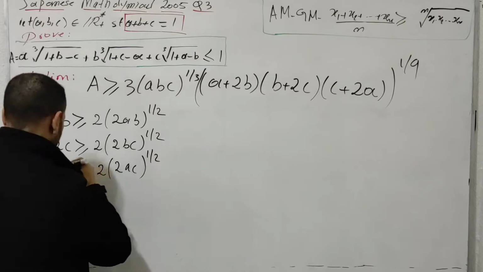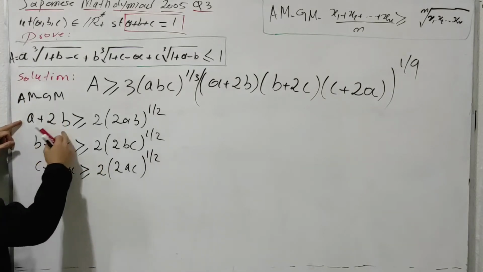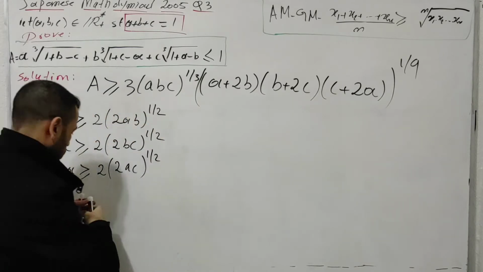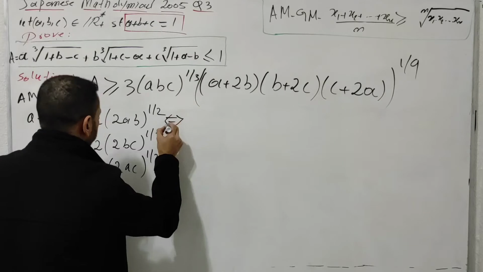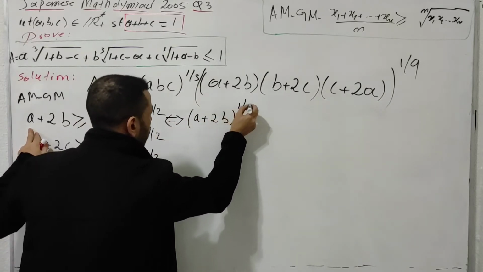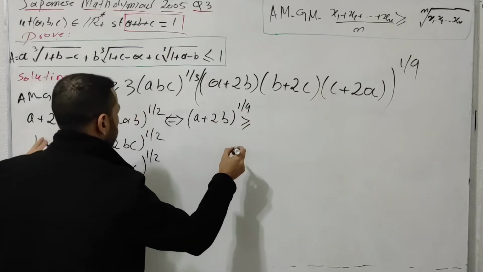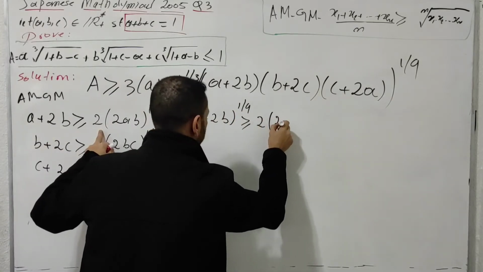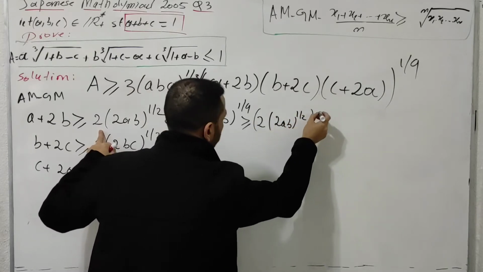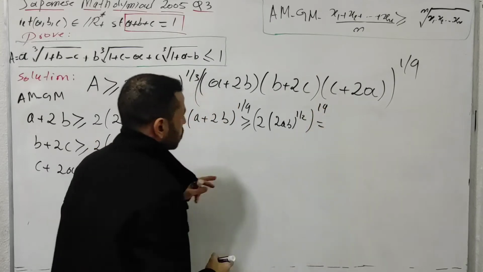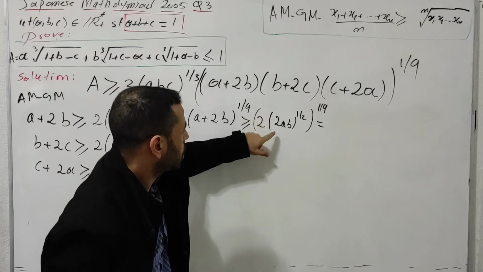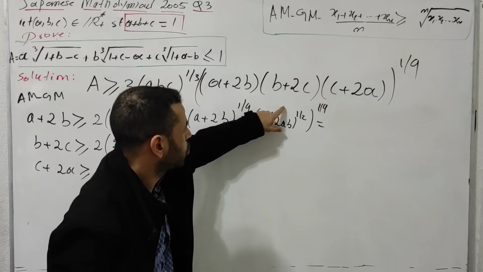Okay, so I'm going to raise both sides of this first inequality to the 1 over 9 as an exponent. So this is equivalent to (a plus 2b) to the 1 over 9 is greater than or equal to 2 multiplied by 2ab to the 1 over 2, the whole thing raised to the 1 over 9. So I'm going to simplify this one more. We'll get 2 to the 1 over 9 multiplied by 2 to the 1 over 2 to the 1 over 9.